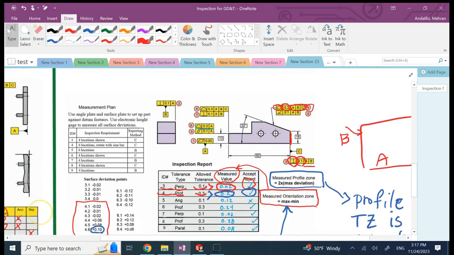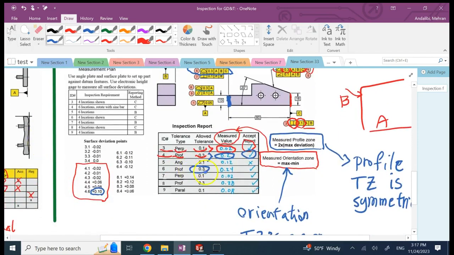What is 6? 6 in this case is another profile. So let's look at 6. That's for this surface. The allowable deviation is again 0.3. It's a profile, and again you look at the maximum value, which is this. Take the absolute value of that multiplied by 2, so you get this one.